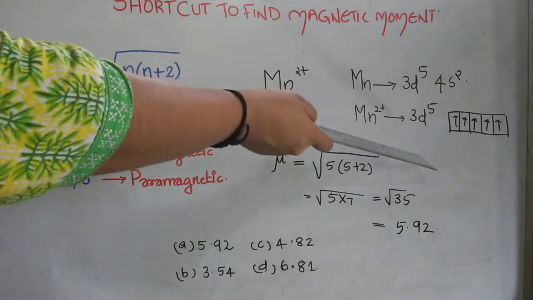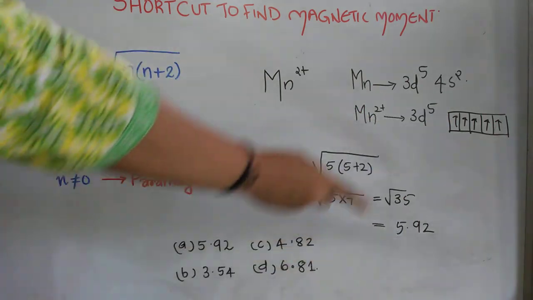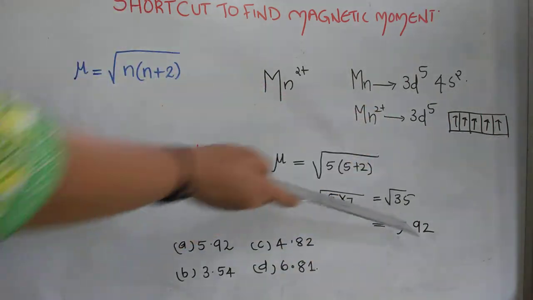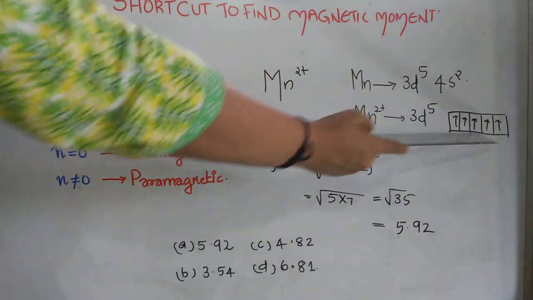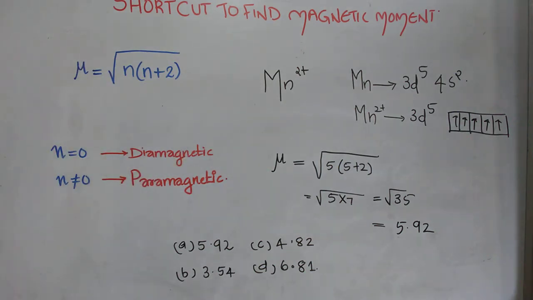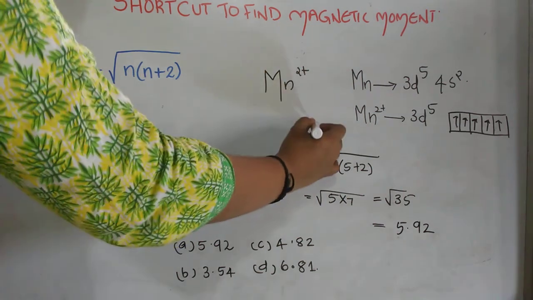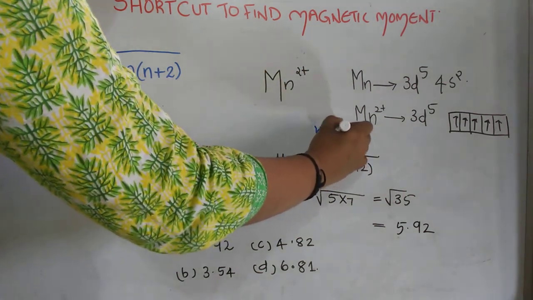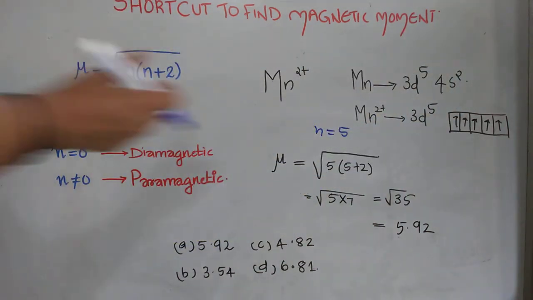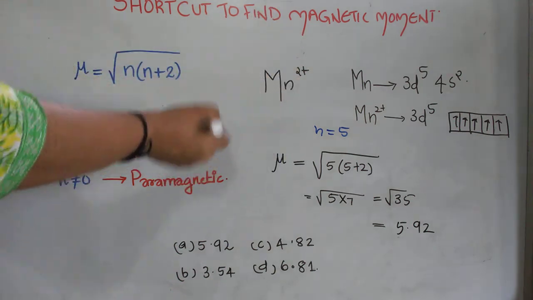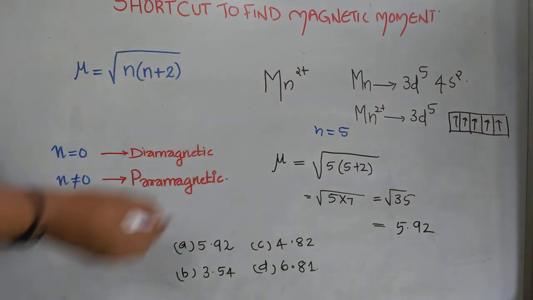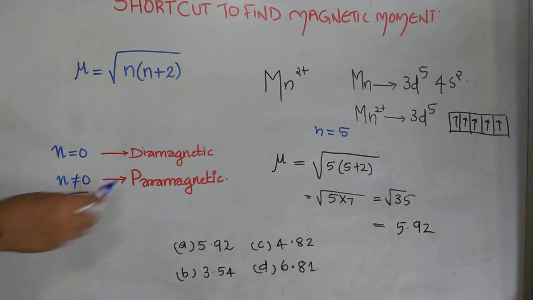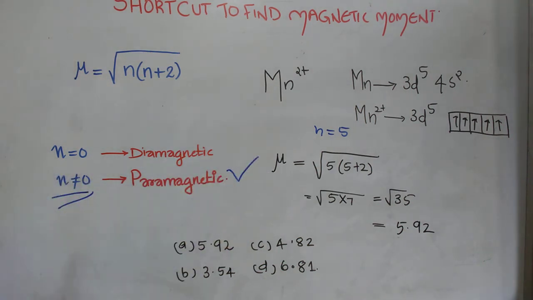The next step, we will be writing the configuration, and we can see that all these are unpaired electrons. We don't have any paired electron, and as a result n will be equal to 5 since all are unpaired. Now what is the type of species? Is it paramagnetic or diamagnetic? From here we can see it is not equal to 0, so this is a paramagnetic species.